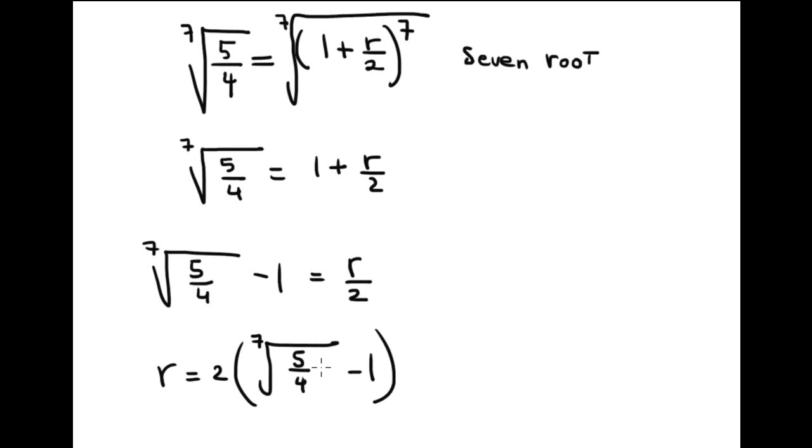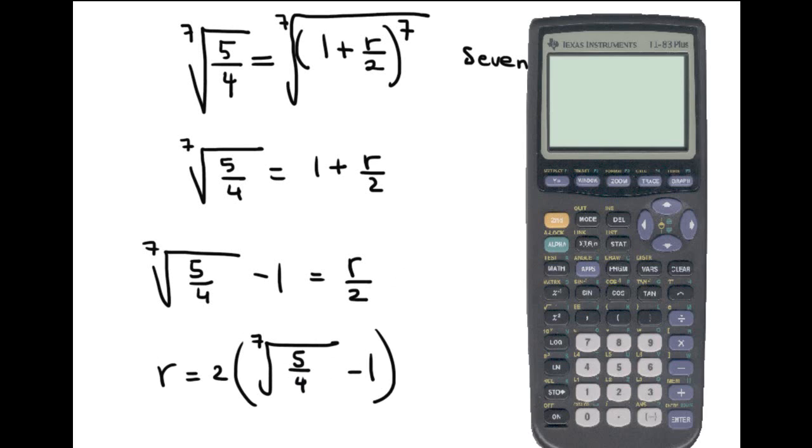Okay, let's use a calculator. Type 2 times, open parentheses, 7 root: you put 7 and you select the math key, the option 5, which is any root.